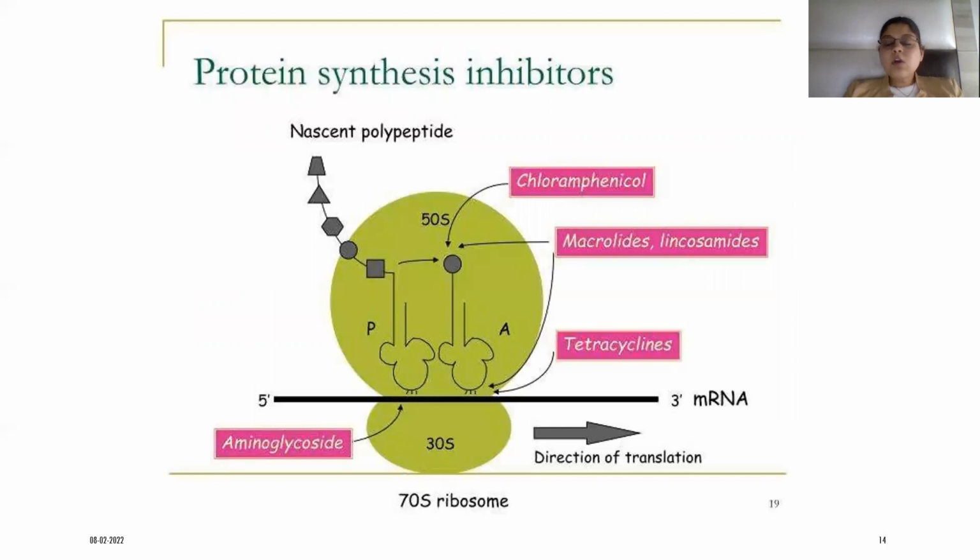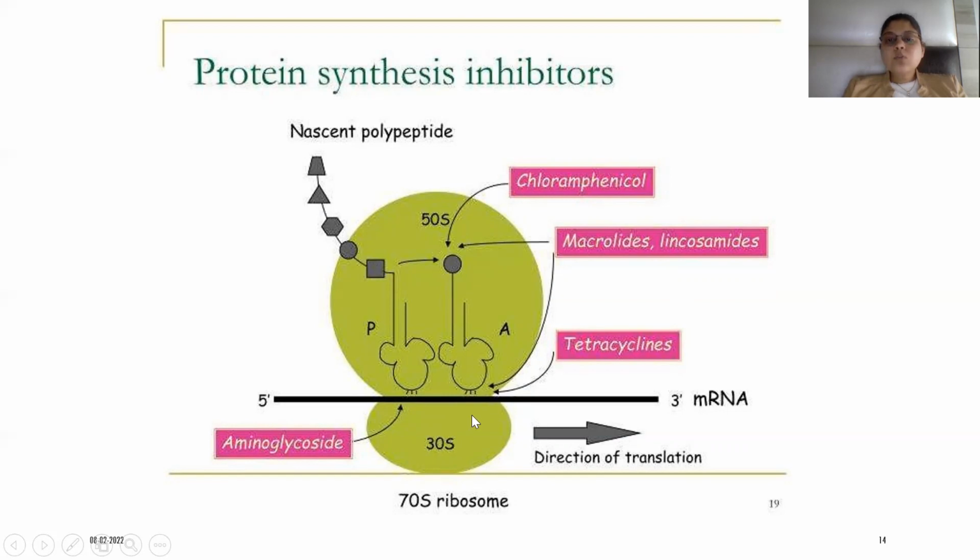Now, this is about all the protein synthesis inhibitors. How this action takes place: this is the peptidyl site, this is the amino acceptor site. The peptidyl site has the amino acids attached to it, like 1, 2, 3, 4 amino acids. And the newer amino acid comes from the amino acid tRNA from the outside and attaches to the A site.